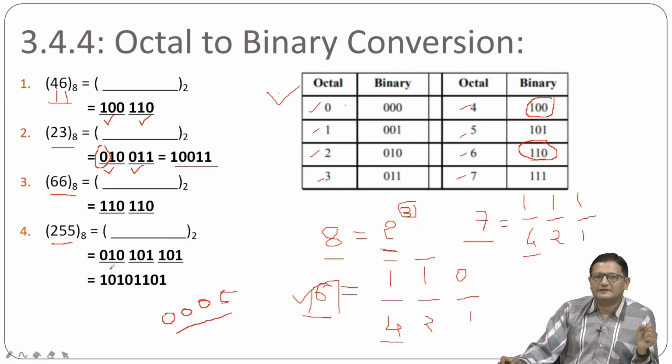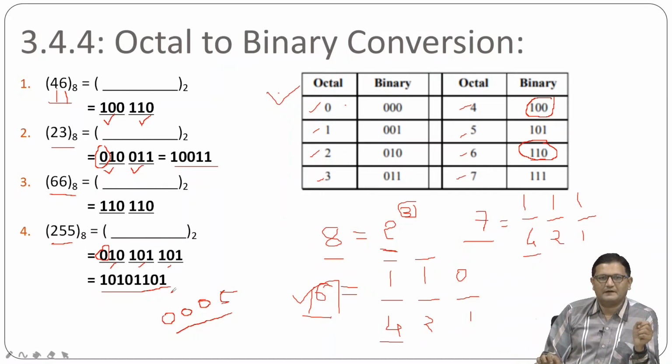Here we have written the binary of 2, and here the binary of 5. Finally, we check the left hand side: we have 10, so you just remove this 10, and finally what you have is 101101. That is the binary of 255.